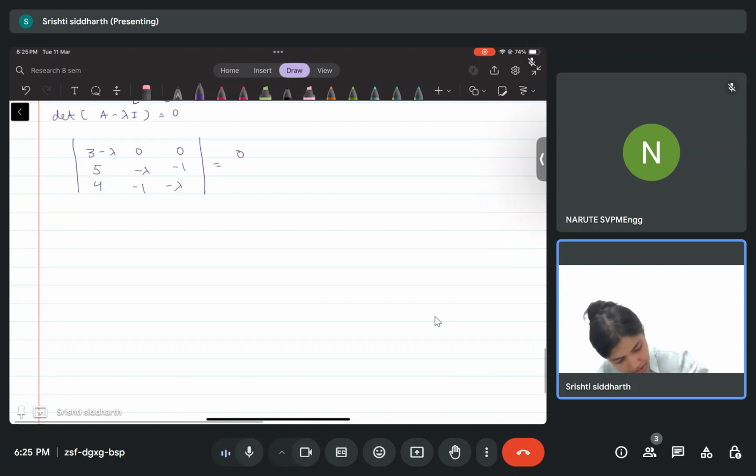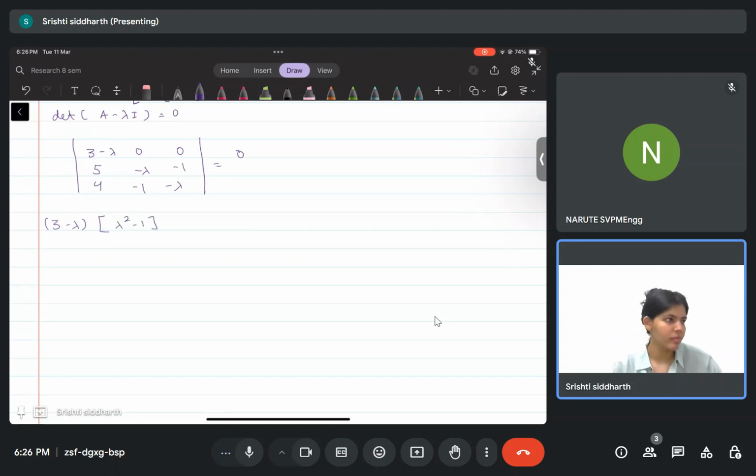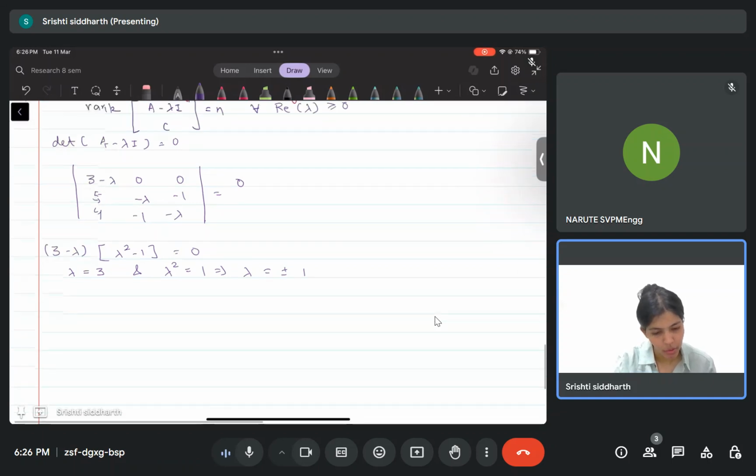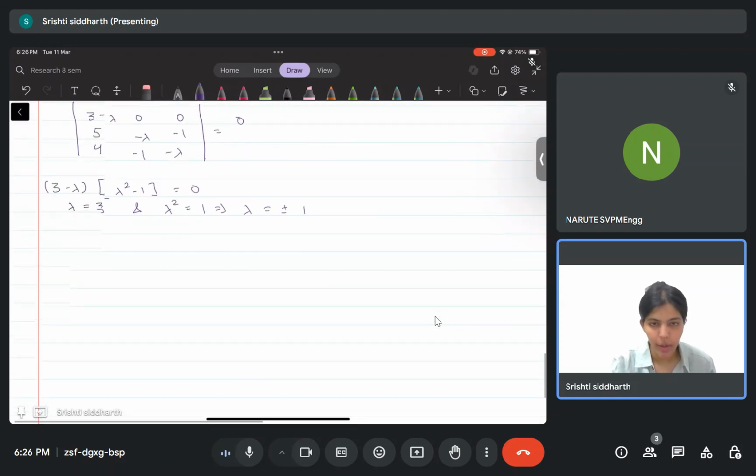This is easy, we just have to expand around the first row. 3 minus lambda times (lambda squared minus 1) equals 0. So we have lambda equals 3, or lambda squared equals 1, which simplifies to lambda equals plus or minus 1. So we have to test for two eigenvalues, lambda equals 3 and lambda equals 1.